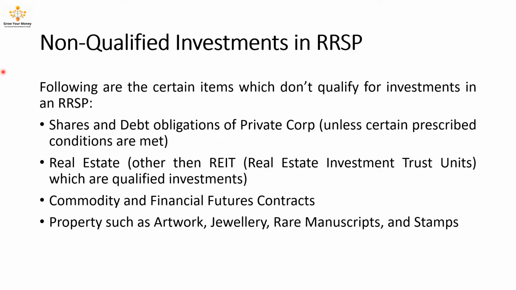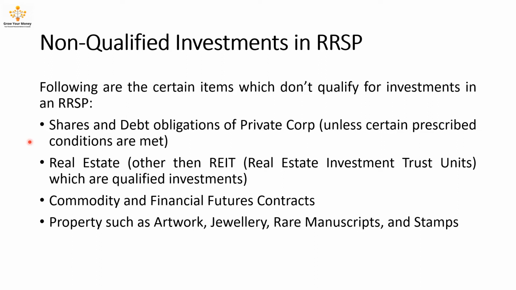There are certain non-qualified investments in RRSP as well. So the following are certain items which do not qualify for investment in an RRSP. Shares and debt obligations of private corporations unless certain prescribed conditions are met. Real estate other than REIT. The full form of REIT is Real Estate Investment Trust, and its units are qualified investments.